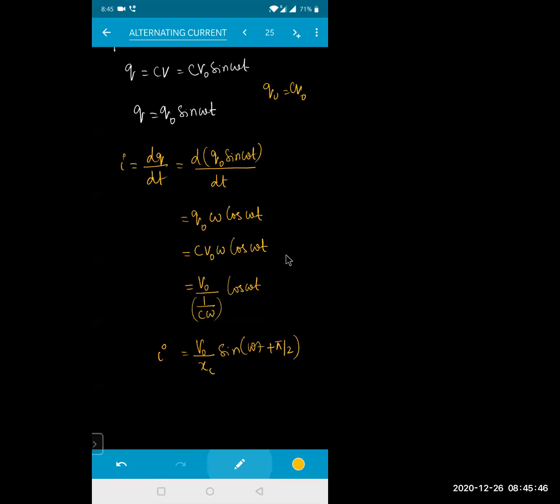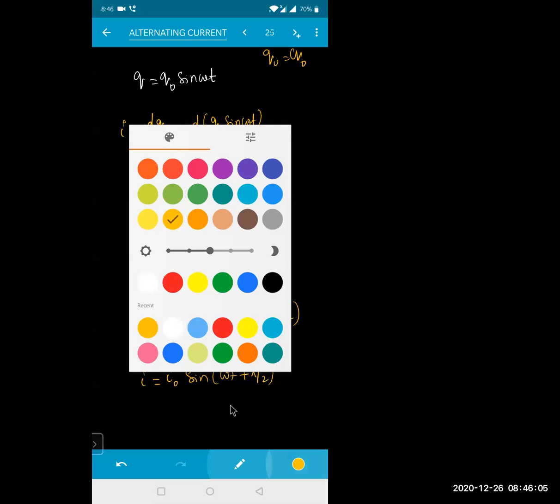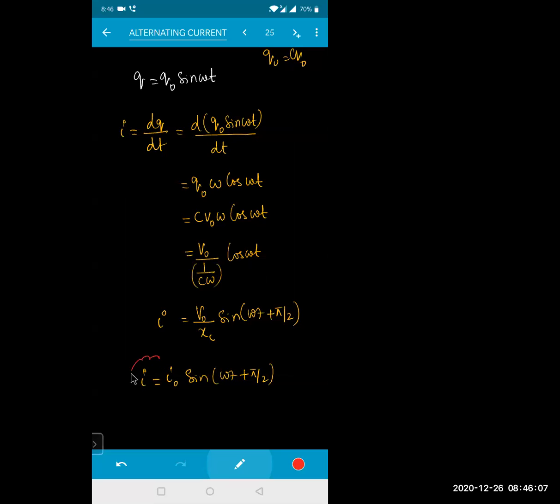So V naught by XC is nothing but equal to how much? Here XC plays the role of resistance. So V naught by R, this will become I naught into sine of omega t plus pi by 2. That means current is 90 degrees ahead. So this is the current we are getting: I is equal to I naught into sine of omega t plus pi by 2.